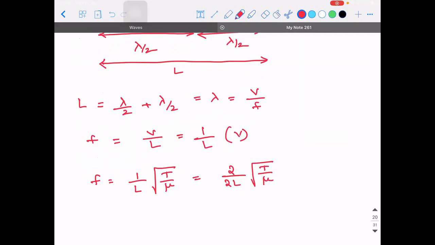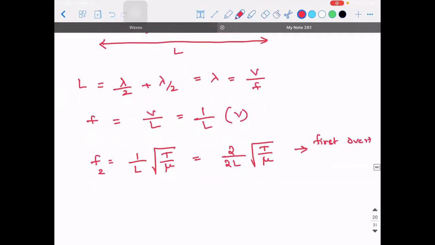Then that is called F2. What do we call F2? This is what is technically called the first overtone or second harmonic.